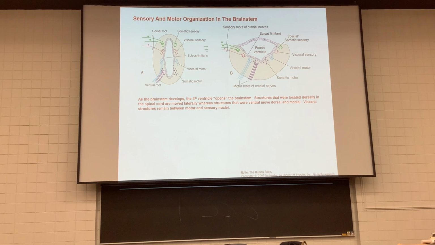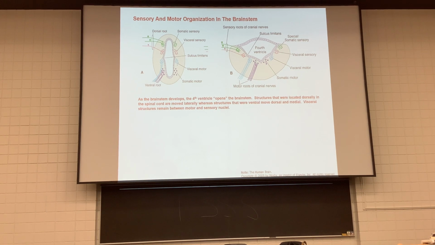You can do this on your own. Here's my spinal cord. Let's push it out. So instead of having now a more dorsal-ventral orientation, our various functions are going to take a medial to lateral orientation.